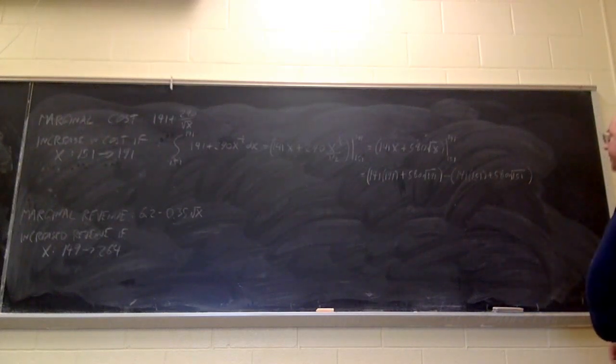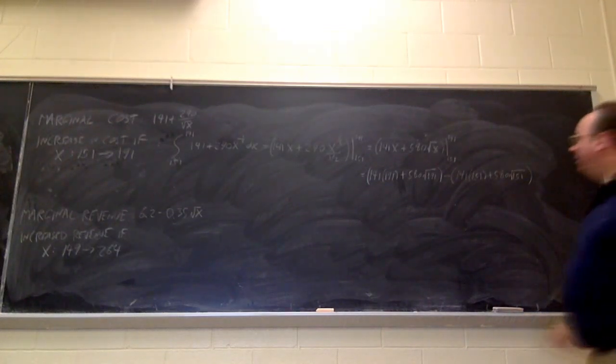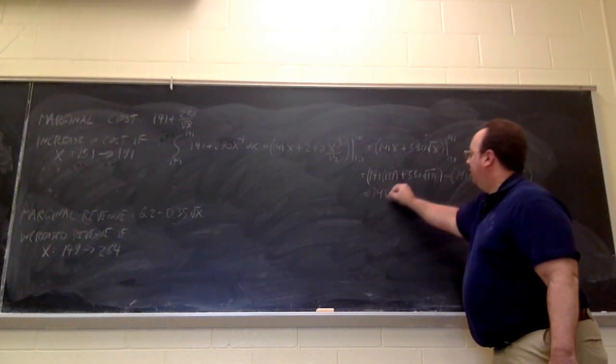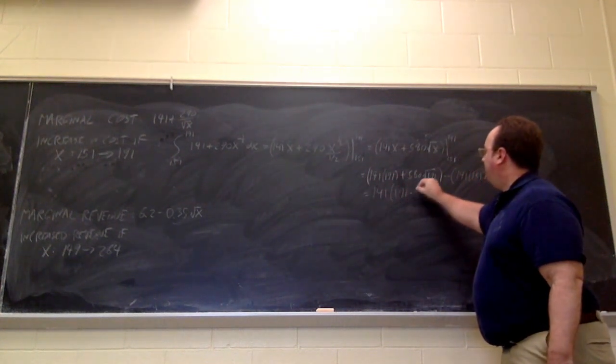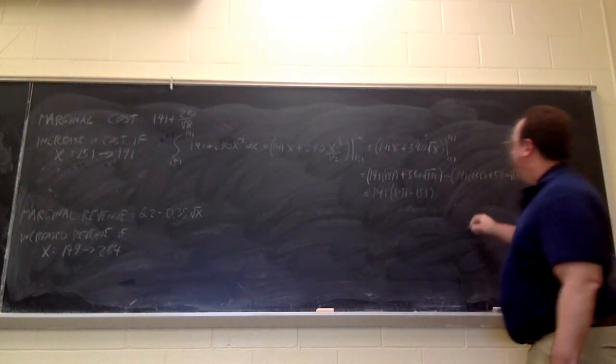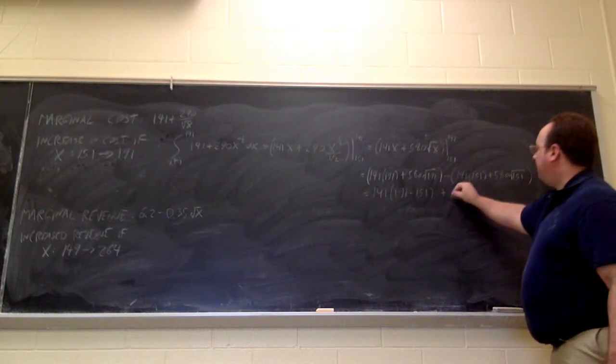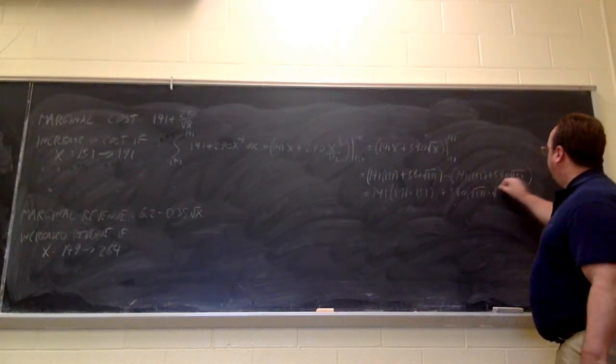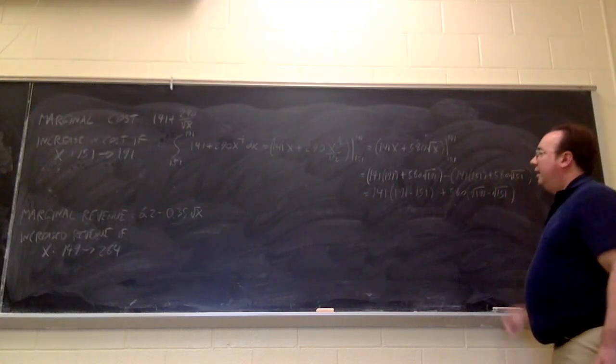Now, I'm going to simplify this a little bit because here we have 141 times 191 minus 151. Then I can have 580 times square root of 191 minus square root of 151.